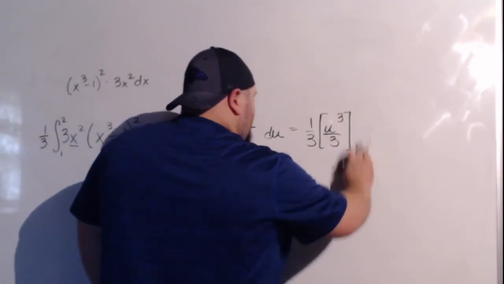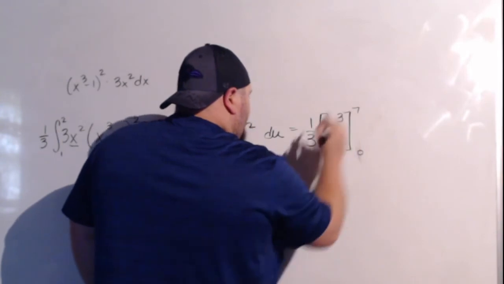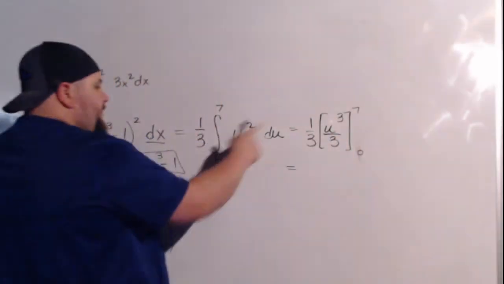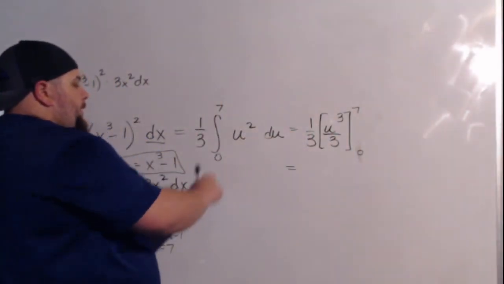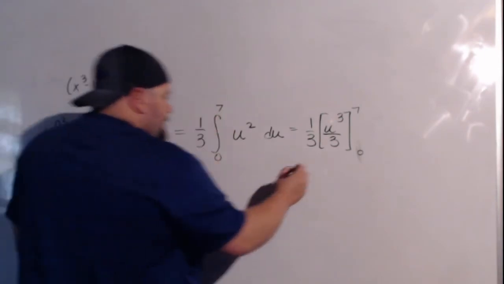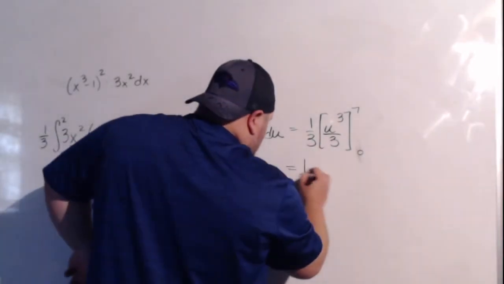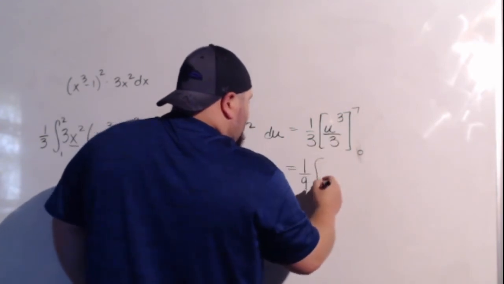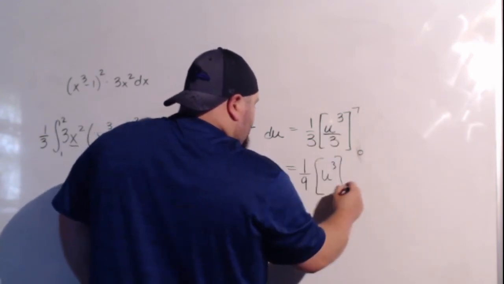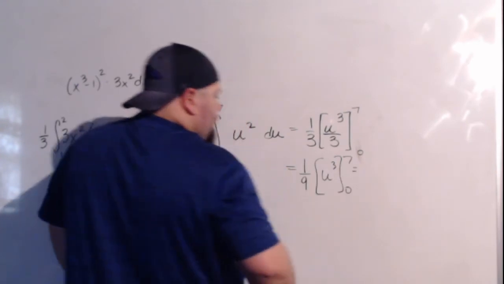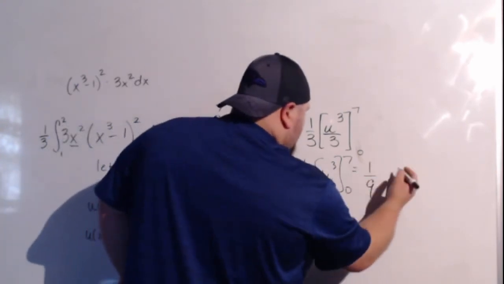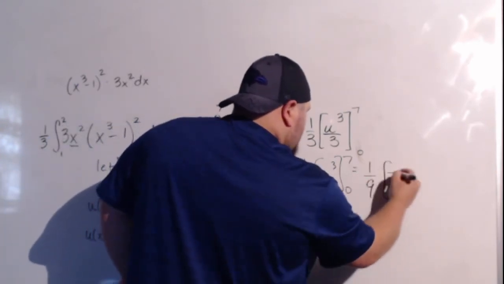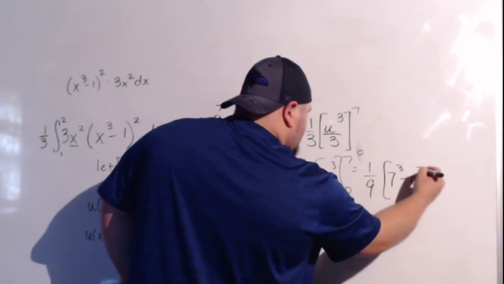And I can plug in for u. So this would be u cubed over 3. And then I need to plug in my bounds. So I'm going to make this 1/9 times u cubed from 0 to 7. So that's 1/9 times 7 cubed minus 0 cubed.